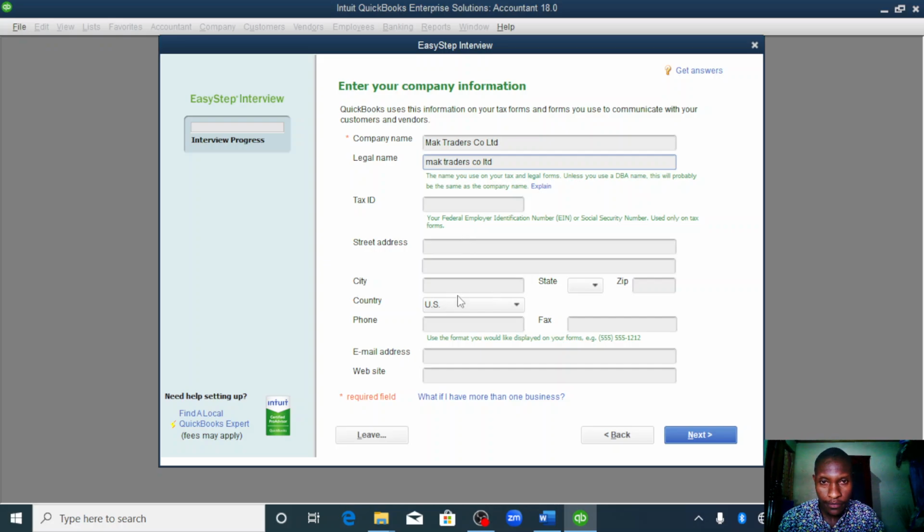Street address. We are seeing PO box 234, Barra. City, it's Barra, of course.